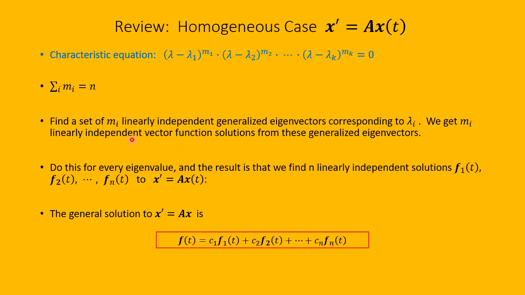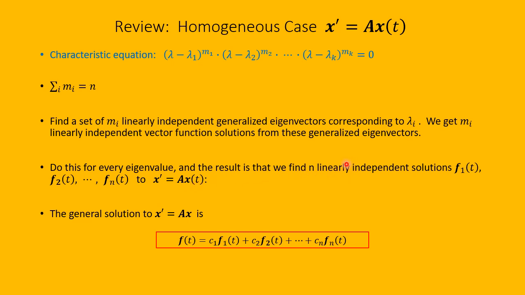And if we do this for each of these eigenvalues that we see in this equation, we'll get n linearly independent solutions, which we'll call f sub 1 of t, f sub 2 of t, through f sub n of t, solutions to x prime equals A times x.